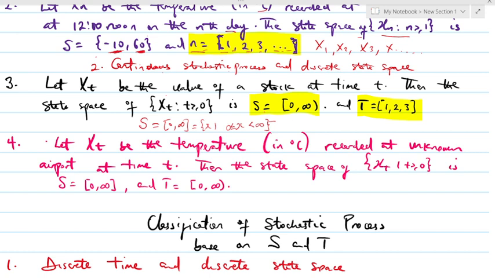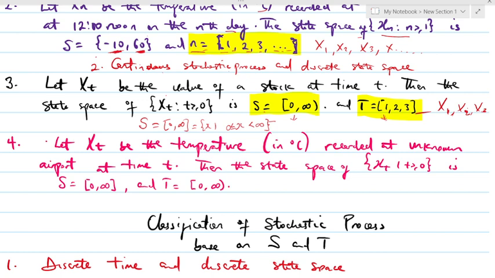This is a continuous state space. And let's look at our domain T. This is 1, 2, 3. So we only have 3. Remember that if you have to look for x1, x2, the state at 1, the state at 2, the state of the system at 3, only 3 times, this is a discrete stochastic process.